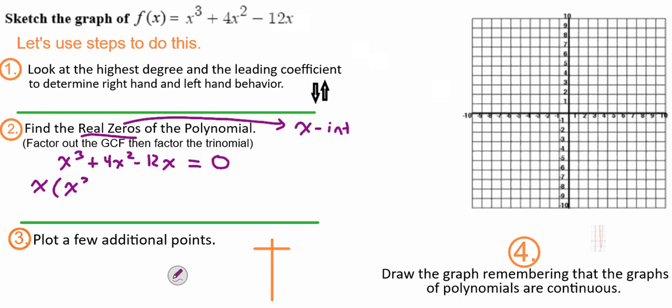So I end up with x times the quantity x squared plus 4x minus 12 equals 0. And then I'm going to factor some more. I've got a quadratic trinomial, so I can set up my 2 parentheses, right? I've got to think of 2 numbers that multiply to equal negative 12 and add to equal 4. And what, plus 6 and minus 2? That sounds good.